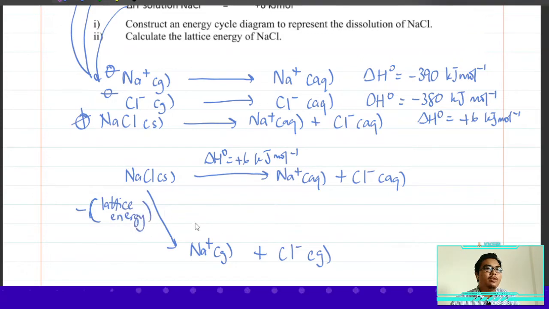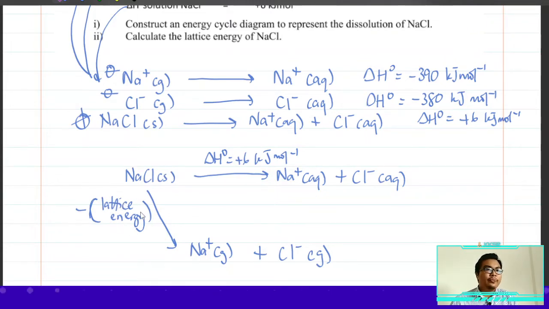Sebab kalau ikutkan lattice energy is the formation of ionic solid from its gaseous ion. Kita ada Na plus gas plus Cl negative gas, reverse arrow menjadi NaCl solid. But since kita nak buat flow dia berlawanan, dia akan jadi negative of the lattice energy.